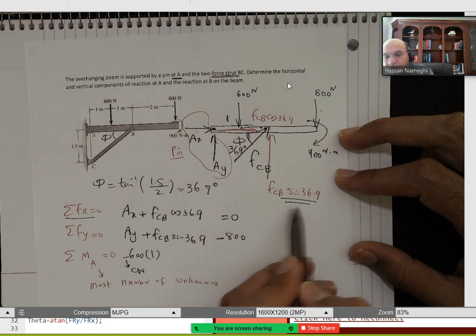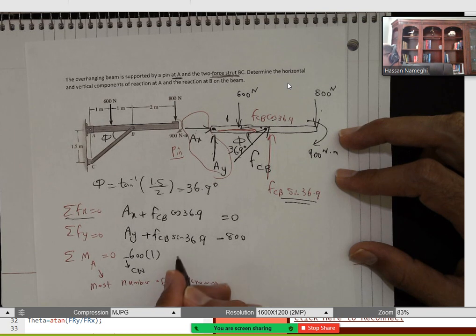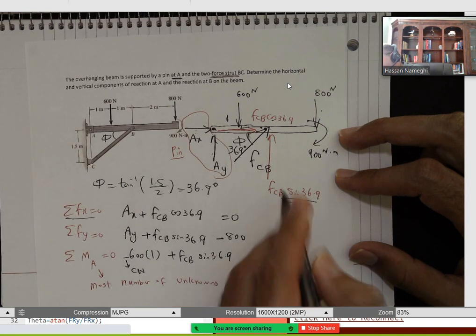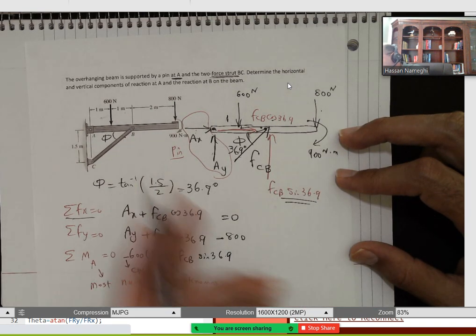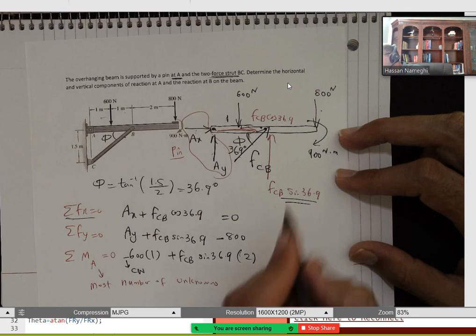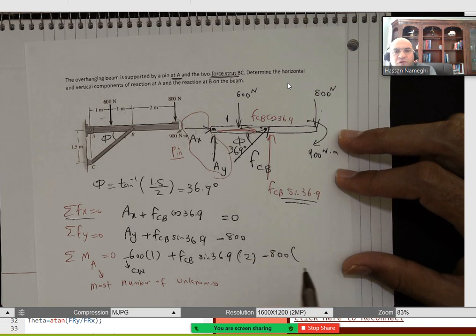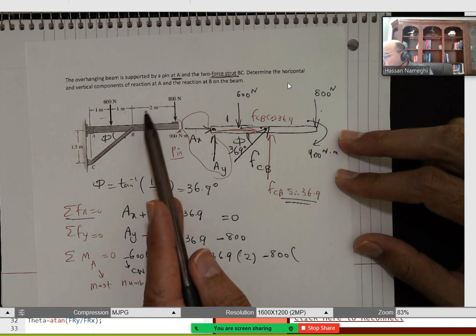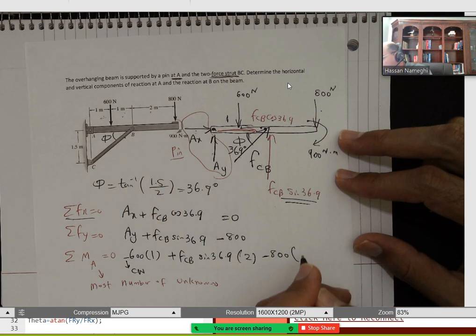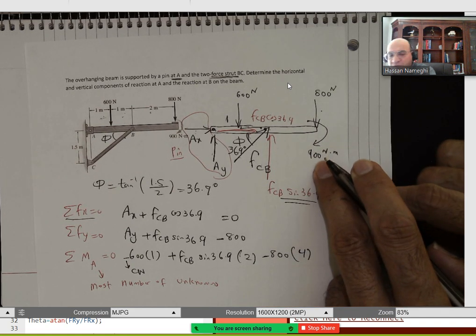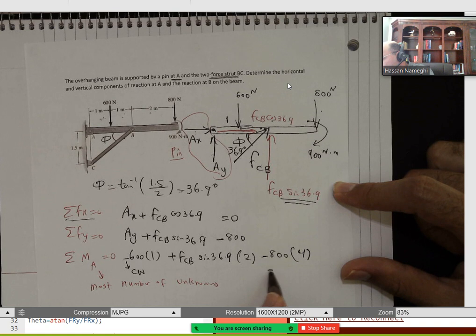I'm going to be left with plus FCB sine 36.9, that's on the y, and the distance for that is 2. Then minus 800, and the distance for the 800 is 4. And then you have the 900 external moment, so I'm going to add that to my equation: minus 900 equal to 0.